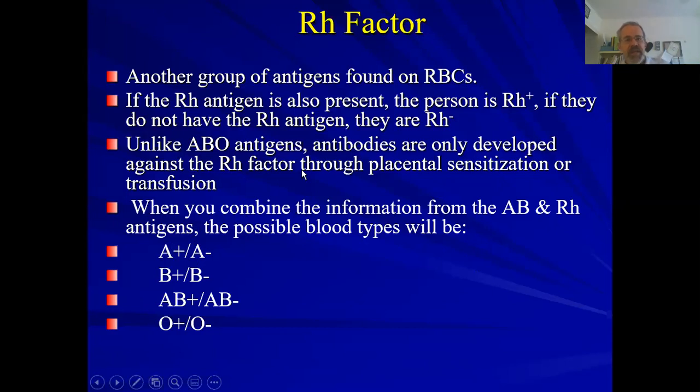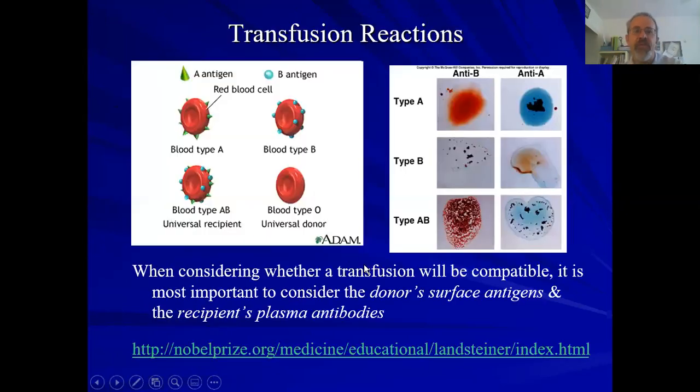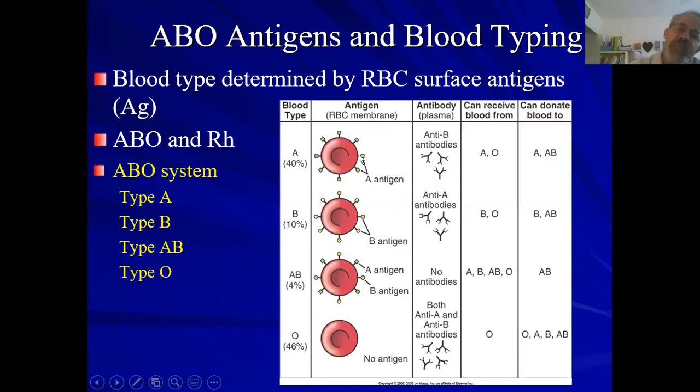Now, what's interesting is with the ABO story, whatever antigen you have, you're born with antibodies against what you don't have. For example, if you have A blood, you're going to already have anti-B antibodies.